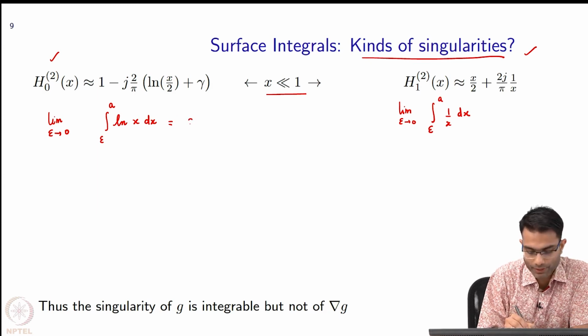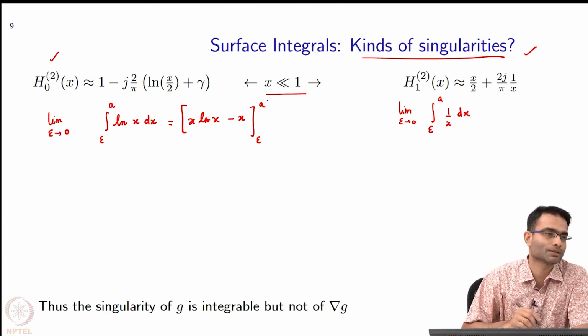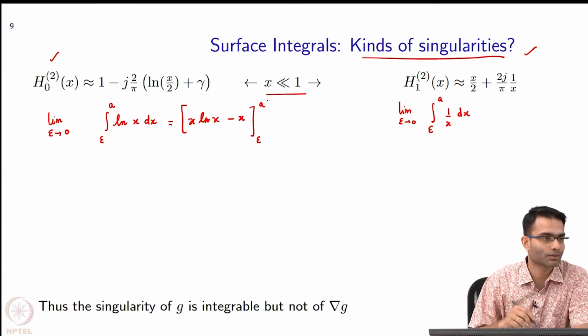We can do it by parts. You will get x log x minus x, evaluated at epsilon and a. If you want to check, just take a derivative, you will get x into 1 by x plus log x minus 1. So, that is log x.